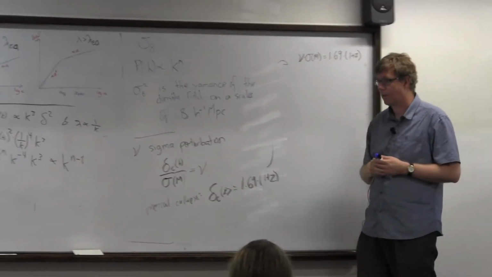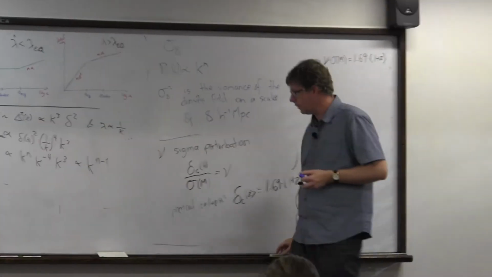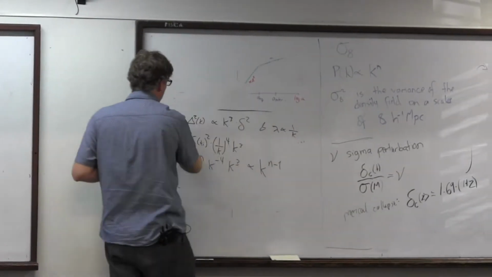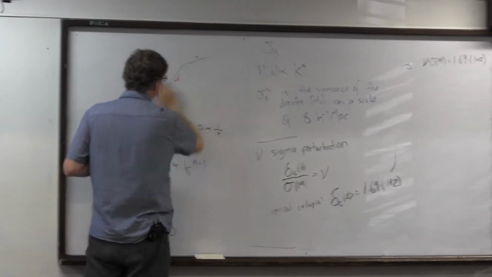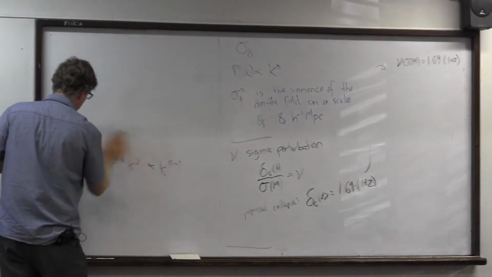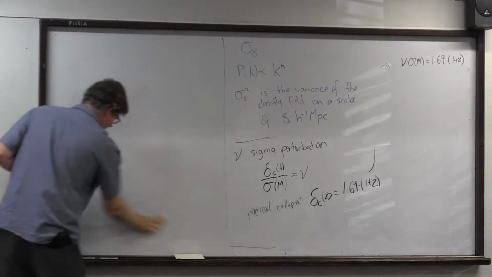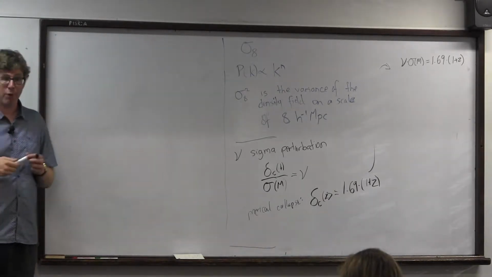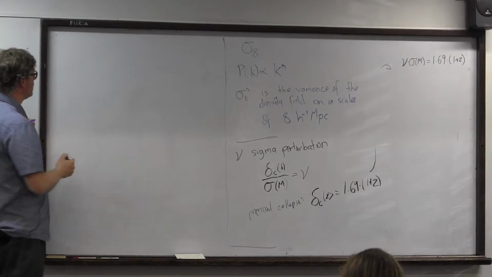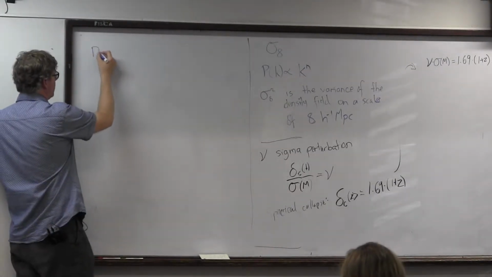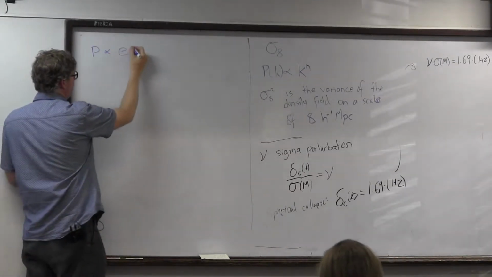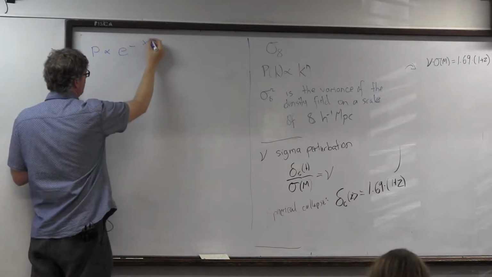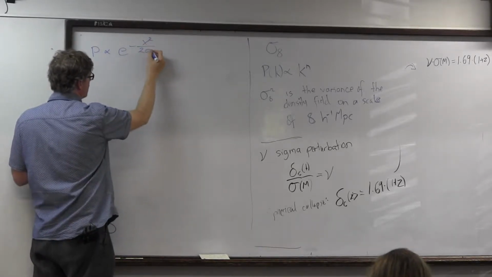And where it comes from in practice is exactly the same as when you do, say, propagation of error in a lab course or something. We say that the likelihood of something is proportional to e to the minus x squared over 2 sigma squared.